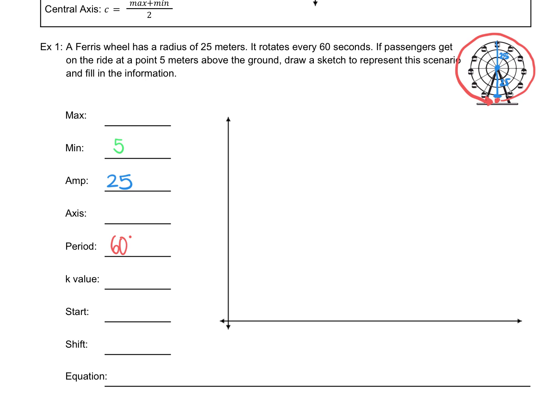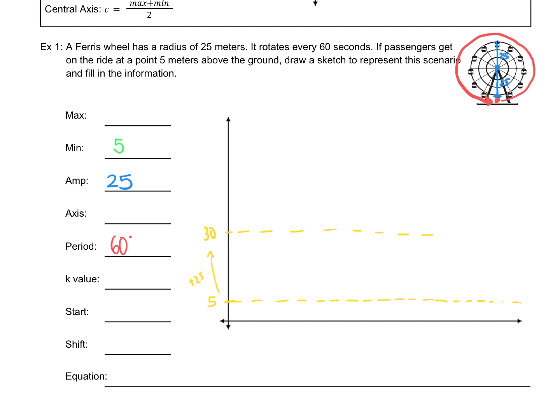With that information, we should be able to get a pretty good sketch. So my minimum is 5. So I'm going to say here's 5. Now, if I know that my amplitude is 25, I can add 25 above 5. So if I add 25, that'll take me to 30.